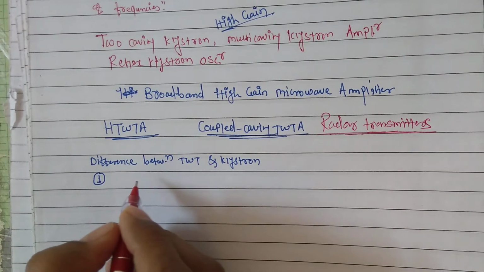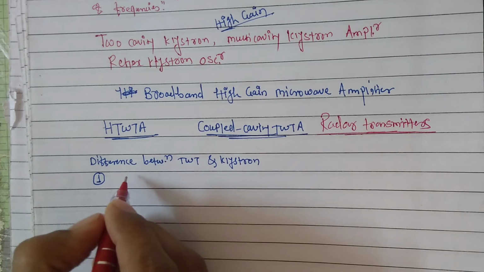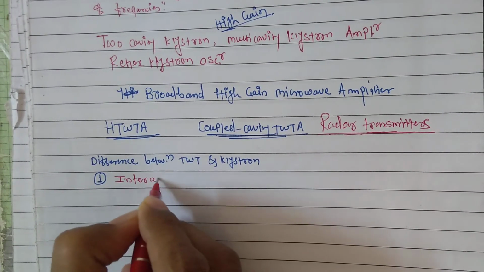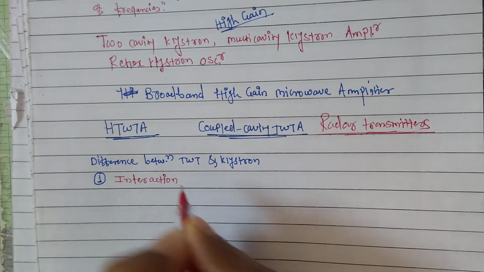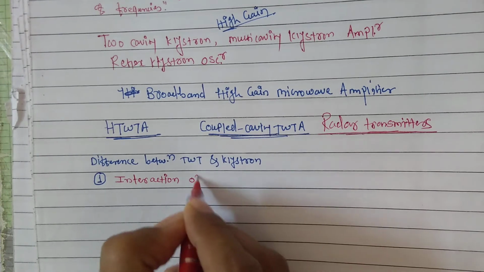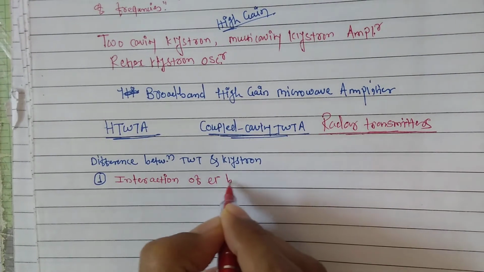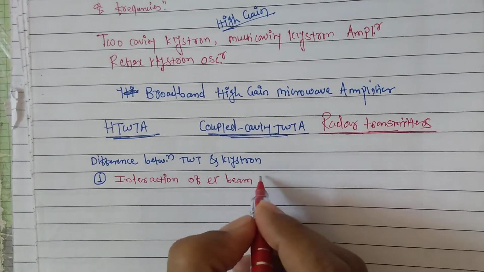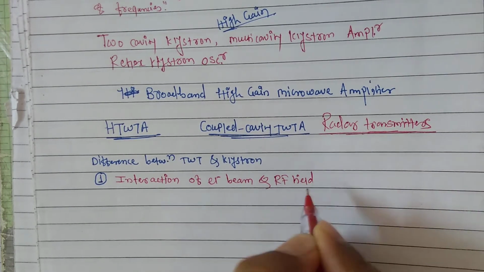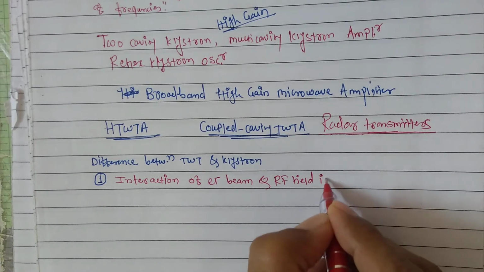In both cases there is interaction between the RF signal and the electron beam. In the case of a traveling wave tube, the interaction of the electron beam and RF field is continuous.